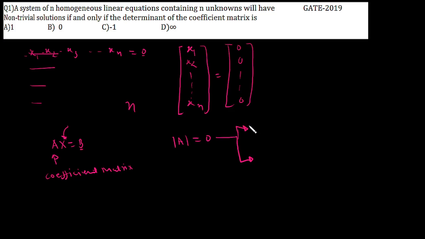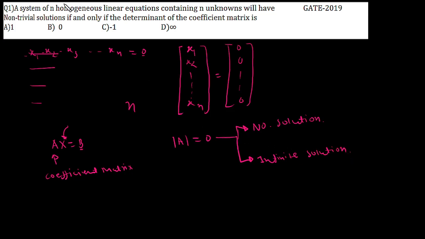The first possibility says there is no solution for this system. I am talking about any general set of simultaneous linear equations. The second possibility is there are infinite solutions of the particular system of equations.